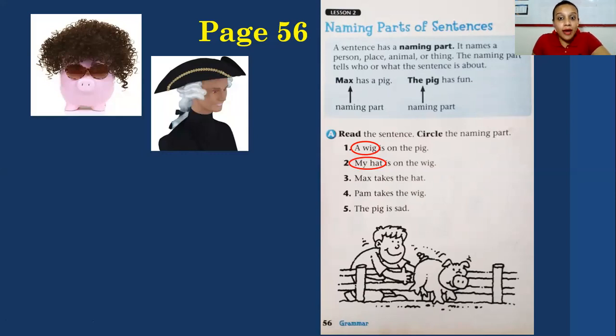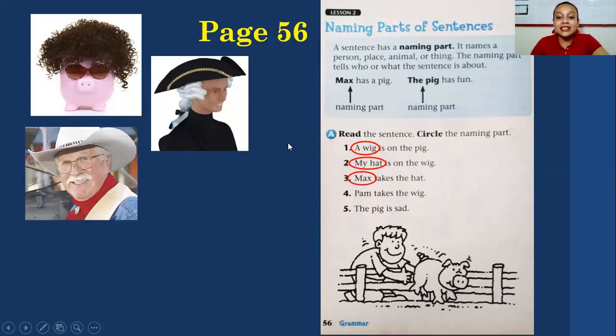Now Max is wearing the hat. So which is the naming part? Yes, Max. Why Max? Because Max is the subject and Max is telling us who. So Max is the naming part. Look, Max is wearing the hat now.